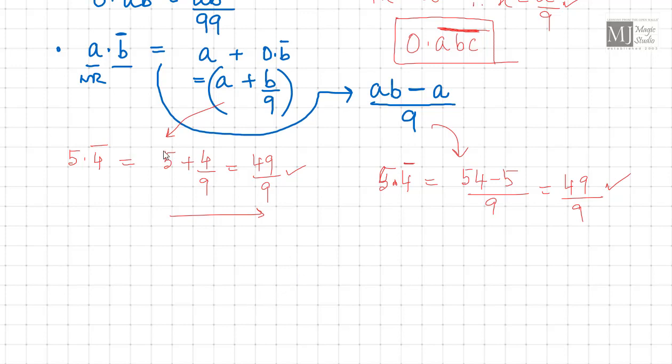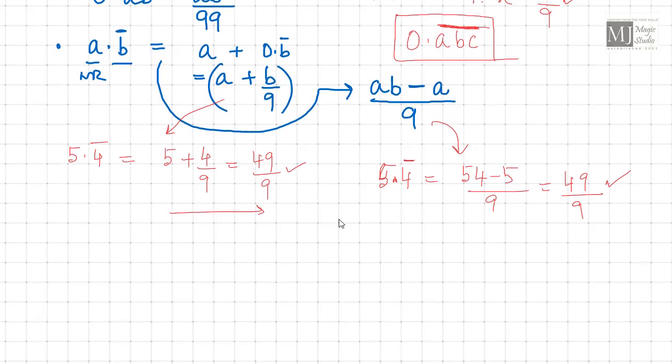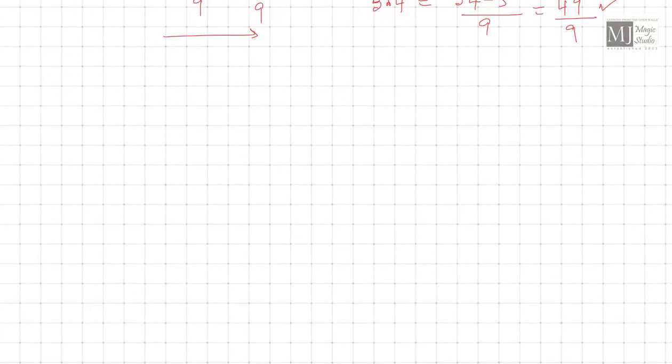Good. Now this is not the end of the formats. I have one more. Let's see. Another format in recurring numbers: 0 dot xy, with recurring only on y. That means there is one or more non-recurring digits after the decimal in this case. This is again treated as if there are no decimals and no recurring part, just write the number.